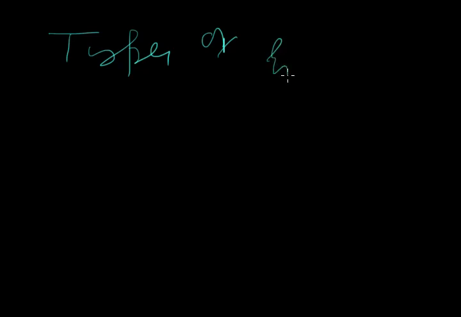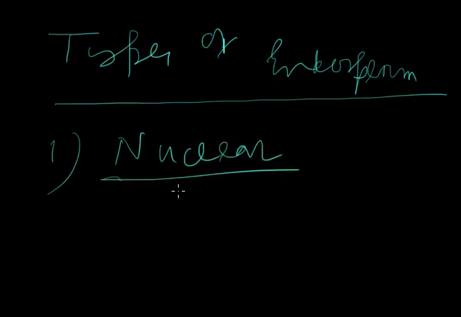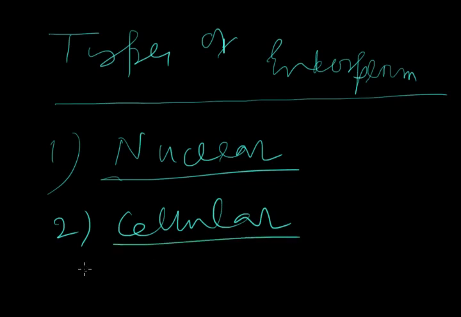So, whenever we are discussing the triple fusion, endosperm formation is recorded. Naturally, we will ask definitely about the types of endosperm. There are 3 distinct types. Number 1, it is nuclear. Number 2, it is cellular. And number 3, it is halobial.